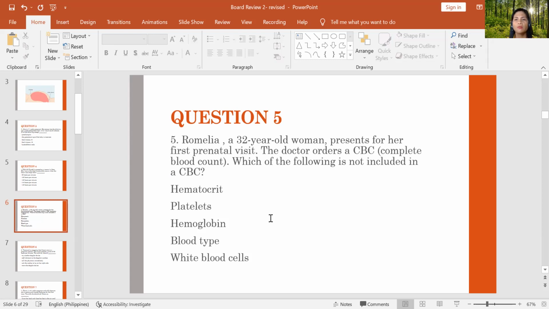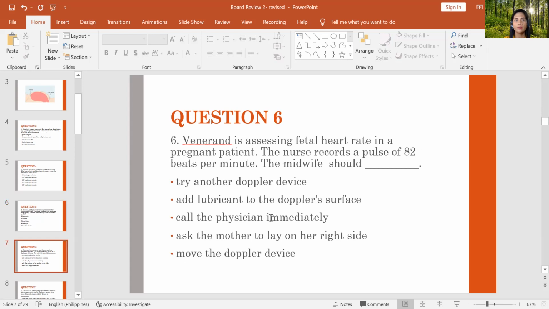So the physician will use this information to diagnose conditions such as anemia, or if there is blood loss, when you assess the patient and the patient is very pale or cyanotic or whatever. So the initial test to be done in the ER or any of the clinics is that you have to undergo the CBC or complete blood count. Okay? Next, question number 6.